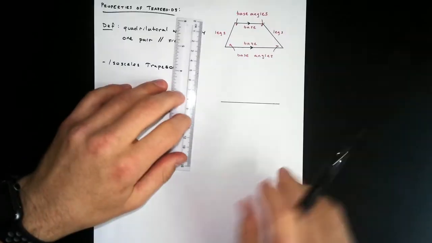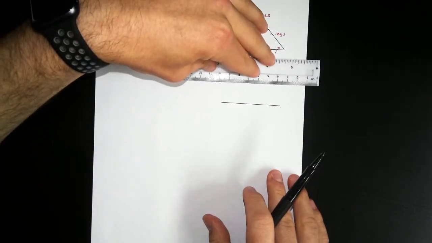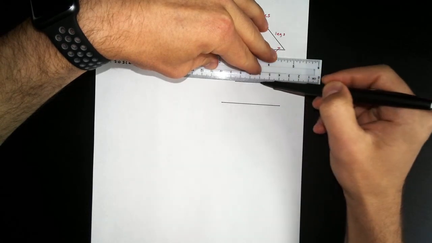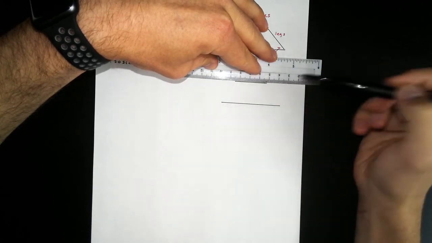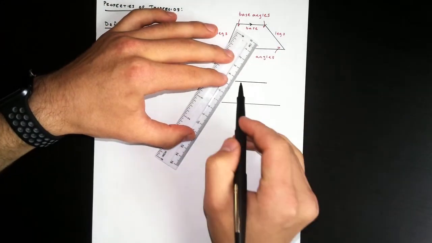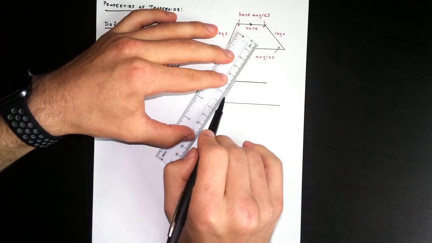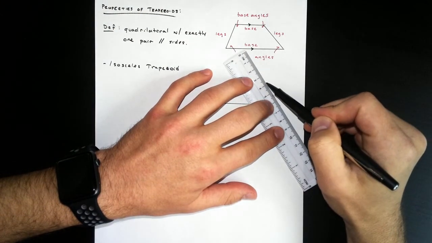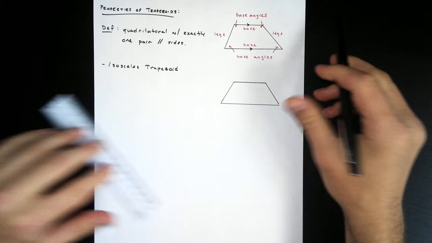So let me do my best to make this isosceles. Okay, so we have the one pair of parallel sides, and then the two legs of this trapezoid.